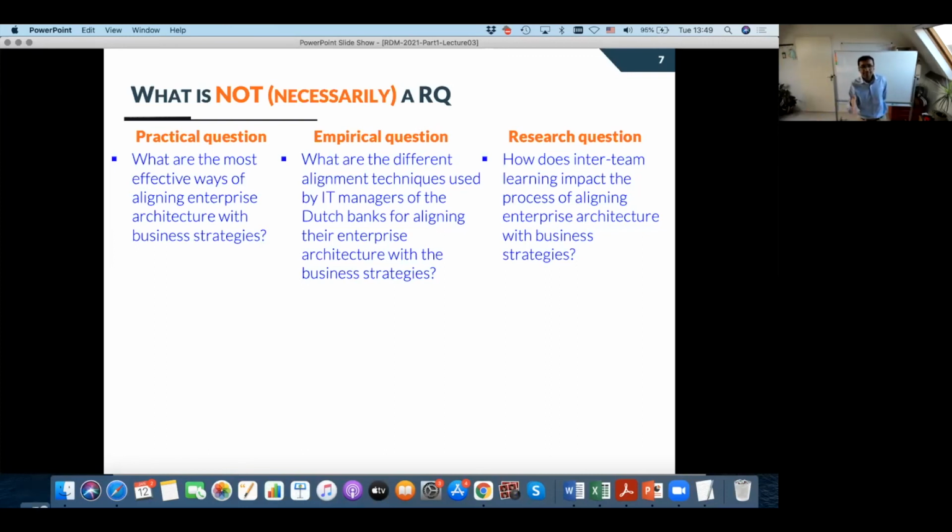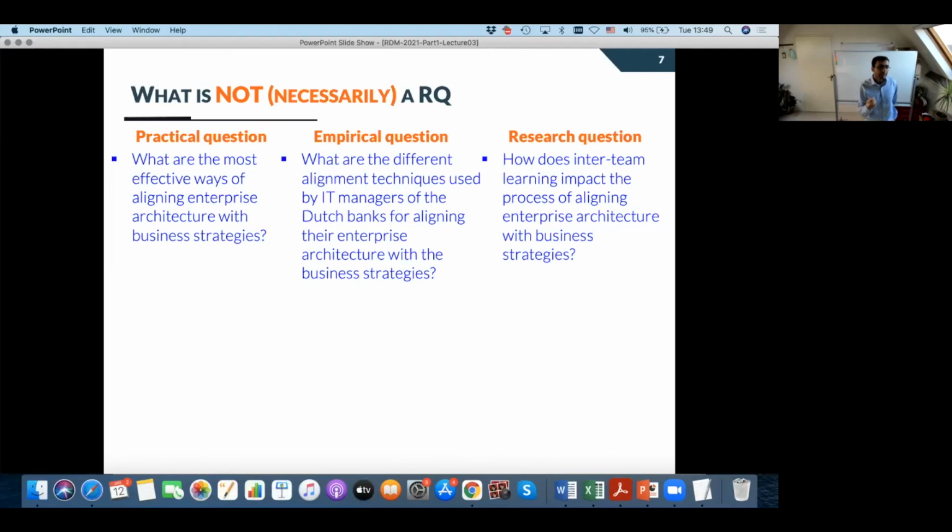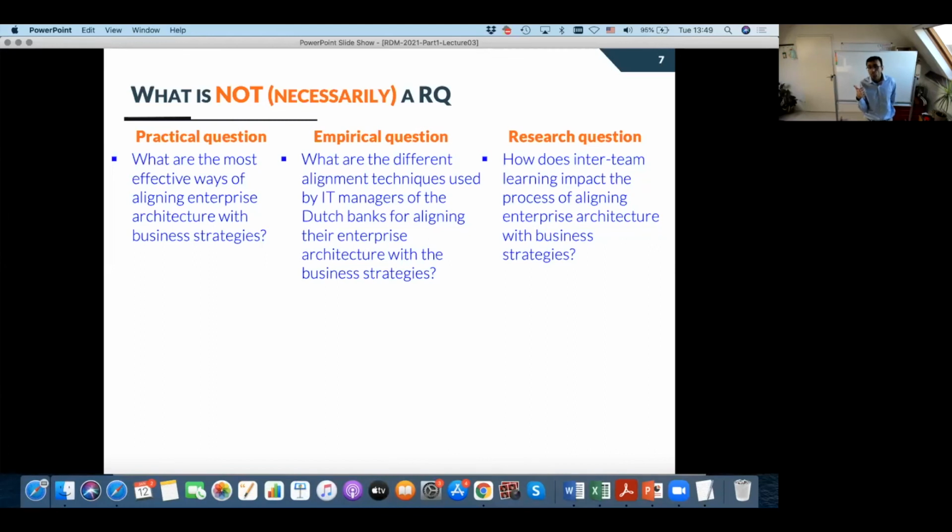If you read this, you can smell a theory or a couple of theories here. Team learning, at least that's the one I had in mind. So you see the difference between the three.